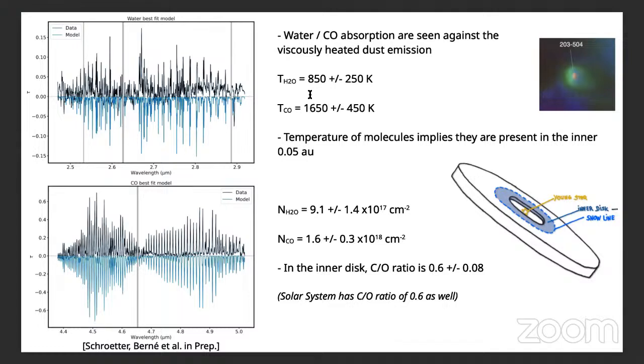The temperature of those molecules is around 1000 Kelvin, which is similar to the inner disk. Also, we constrain the column densities of both those molecules. And in the inner disk, the C/O ratio is 0.6, which is also the solar system value.